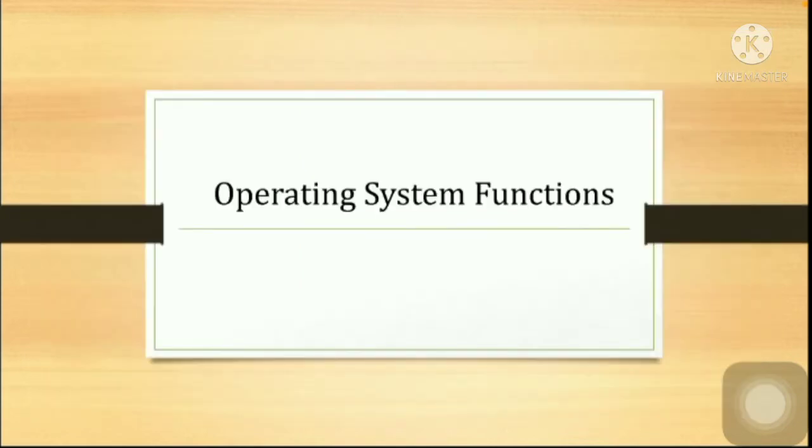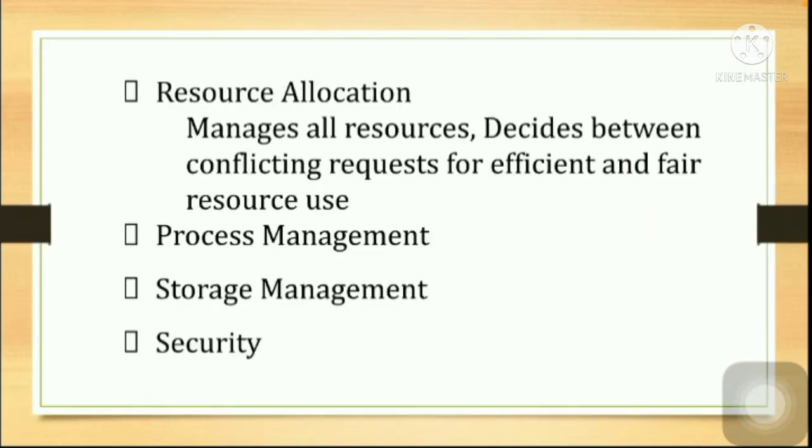Next, operating system functions. What does the operating system do? Why is it required? Because operating system works as a resource allocator. How? If there are many users or many processes and they require a resource, and the resource is the hardware, then to which process the hardware should be allocated and for how much time, this decision is taken by the operating system.